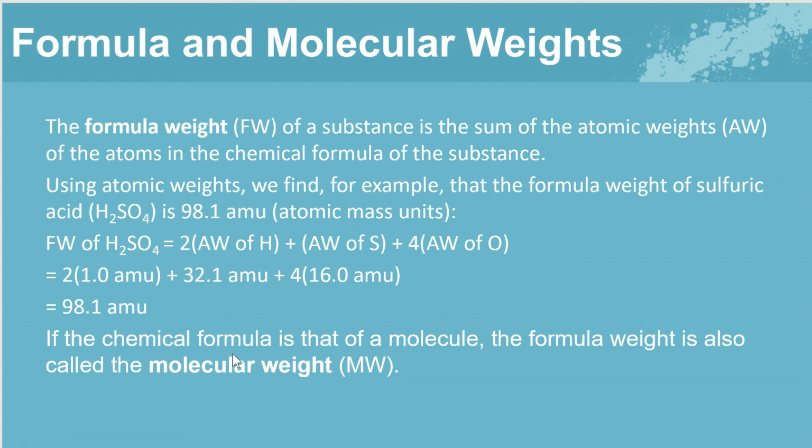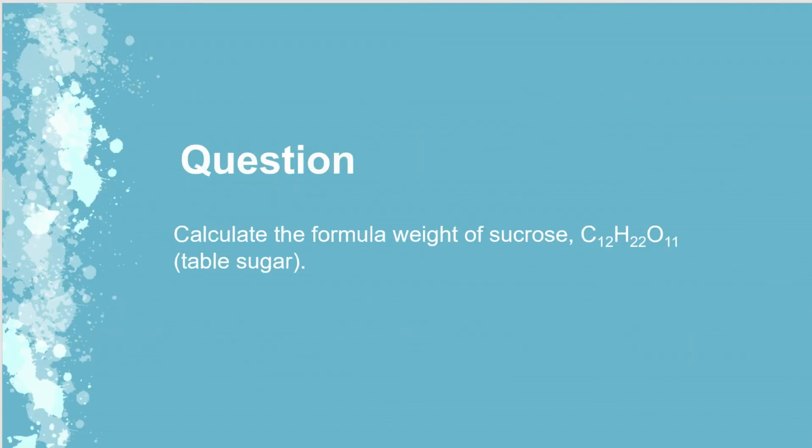If the chemical formula is that of a molecule, the formula weight is also called the molecular weight. So formula weight or molecular weight is the same thing if the chemical formula is that of a molecule.